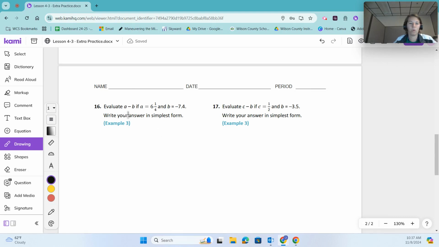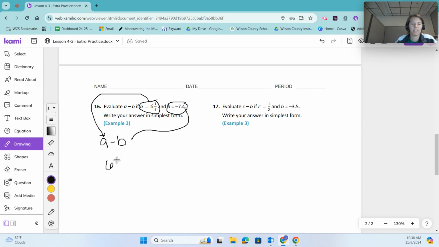And here are some where we are evaluating algebraic expressions. This one gives us a minus b, and they tell us a is 6 and 1/4 and b is negative 7 and 4/10. So we're just substituting these numbers in for the variables.